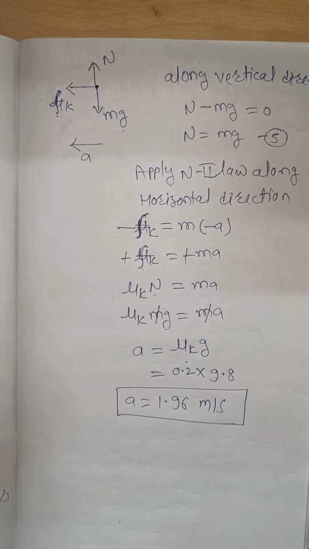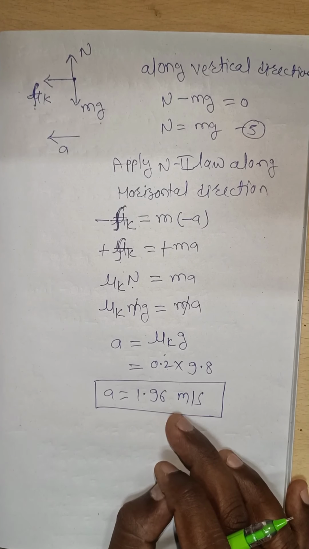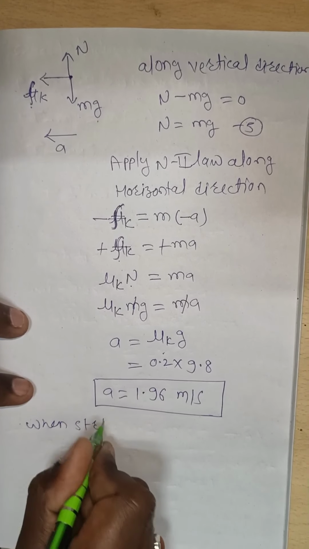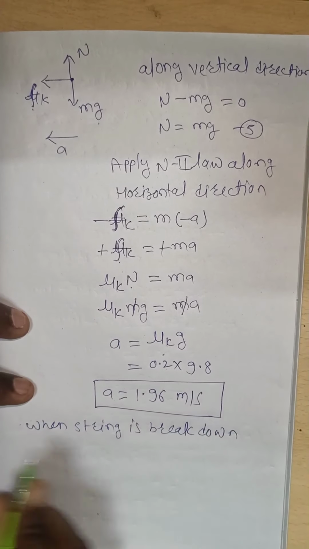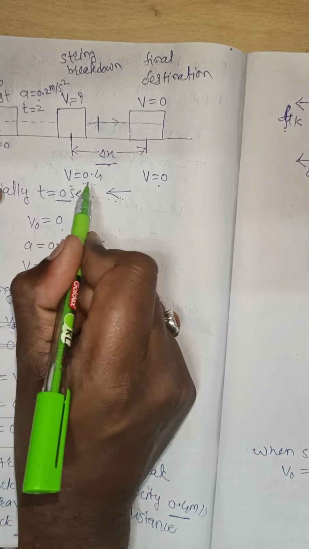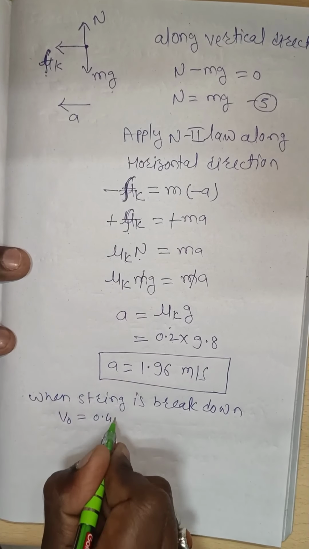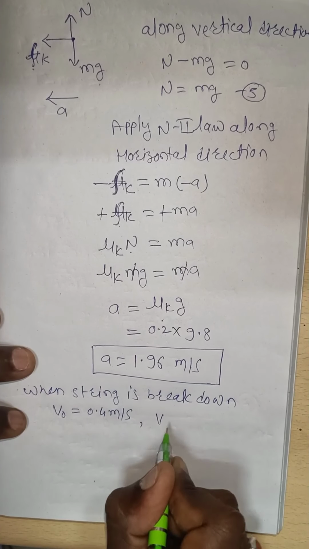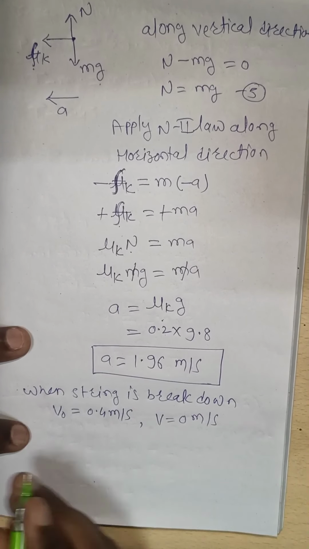When the string breaks, the initial velocity of the block is 0.4 meter per second, and finally the block stops. Therefore, the final velocity is 0 meter per second.